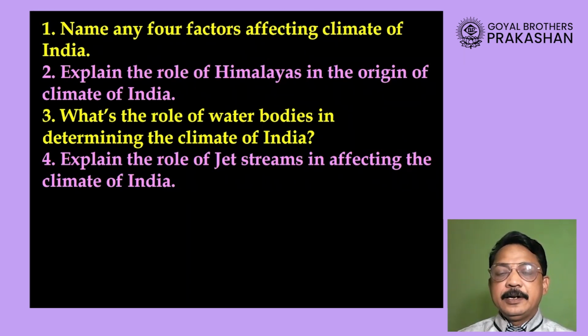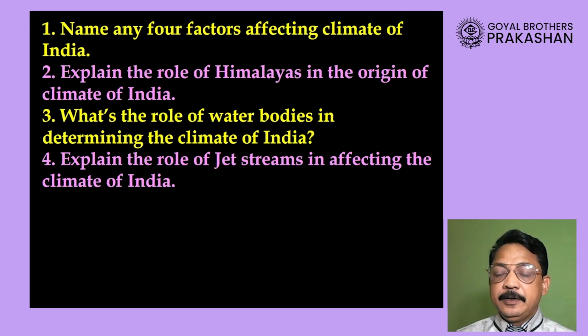Okay. The second important role played by them: the difference in the temperature of the vast land of India and the water present to the southern part of India creates a difference in pressure conditions in both places.